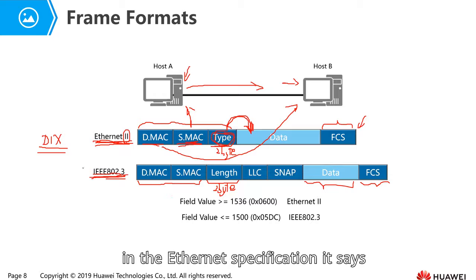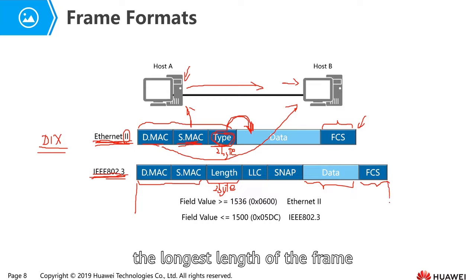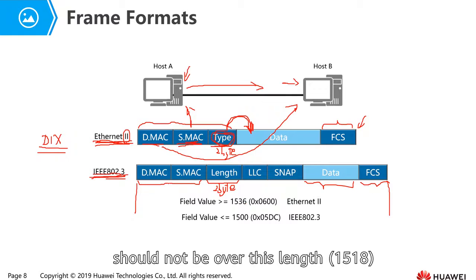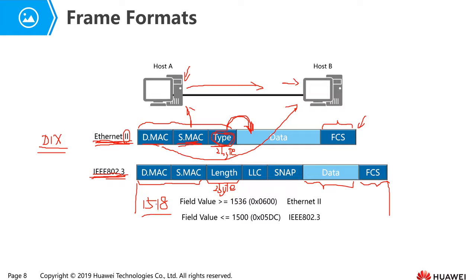The Ethernet specification says the longest length of the data in the upper layer should not be over 1500. We call this the MTU, maximum transmission unit.